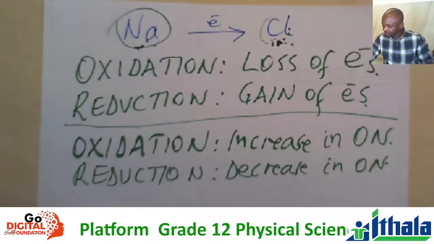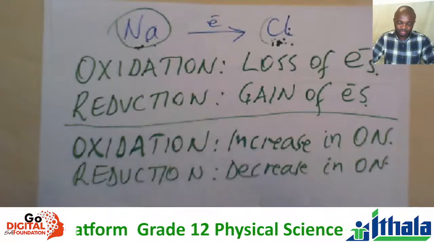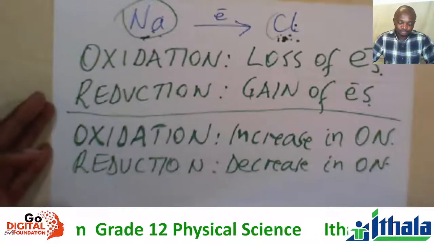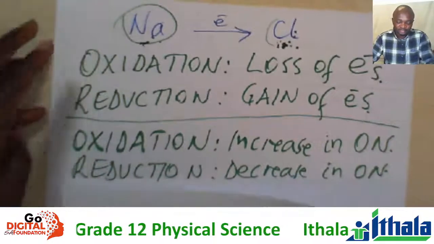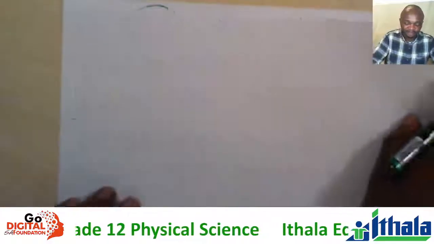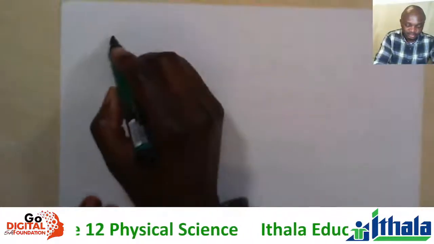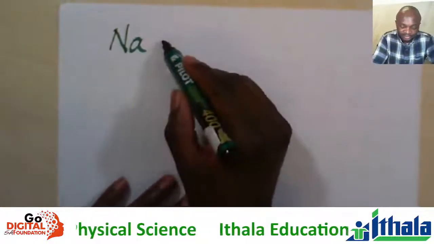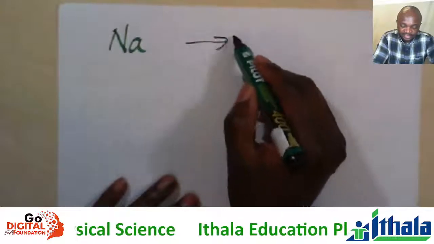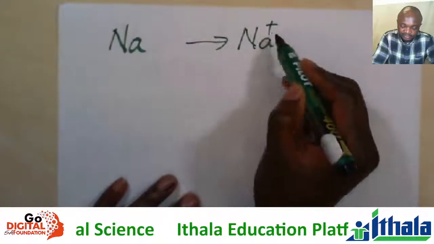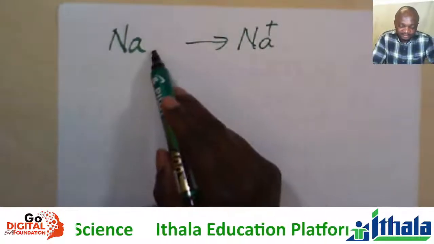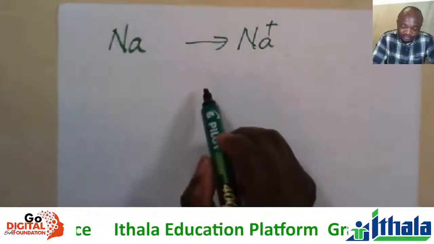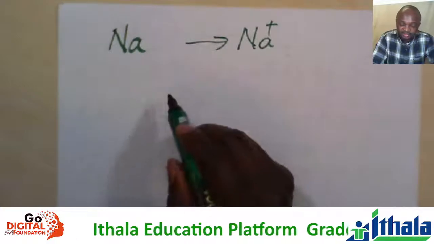Then makune redox reaction, sodium and chlorine for example, asibukeke in terms of ama-electrons transfer. Right, ngoba sithi sodium iqale as a sodium engenalutho, then igcina sodium ion. Kwenzekeni lana ngoba to move from sodium to sodium ion, one electron was lost.